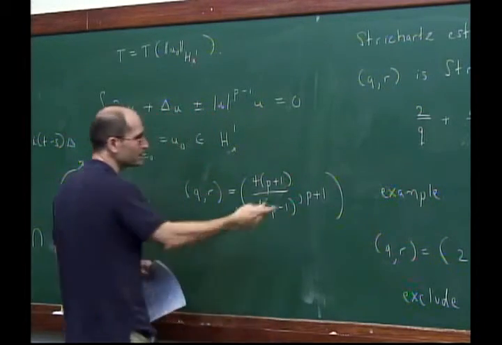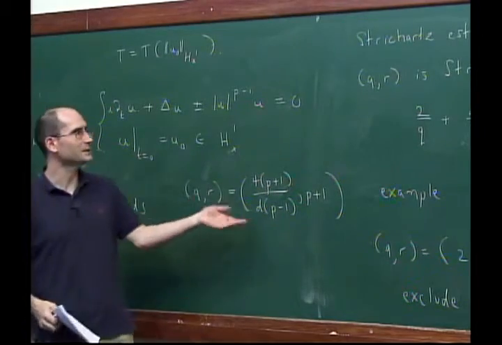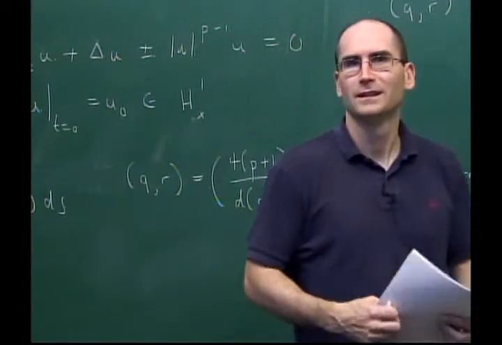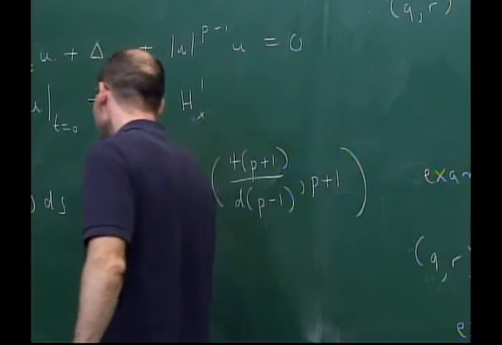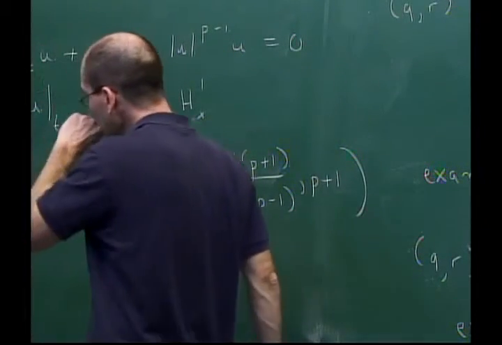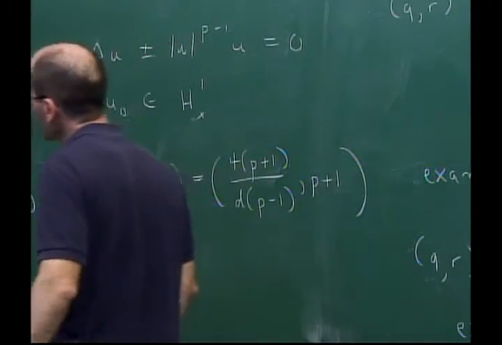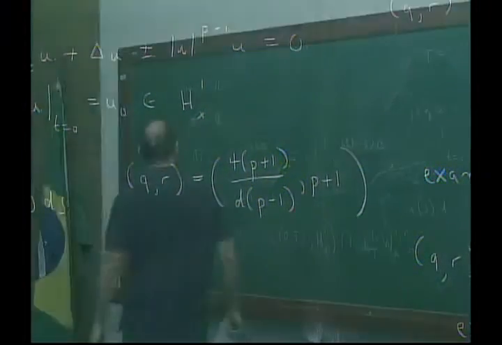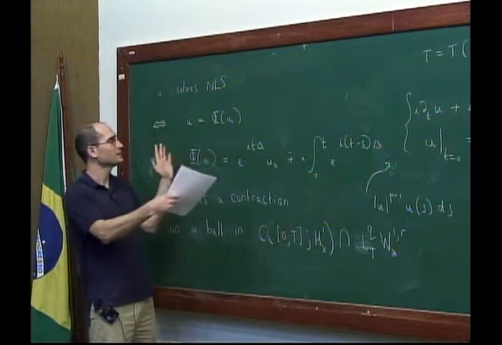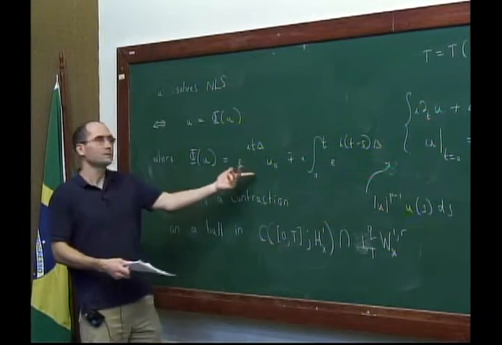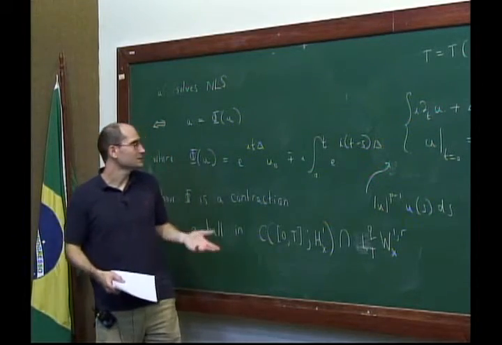So basically, you take R equals p plus 1 to figure out what Q has to be from this equation. And then you estimate this functional using those Strichartz estimates. And so for the first term, you'll just get an upper bound of u0 in L2.